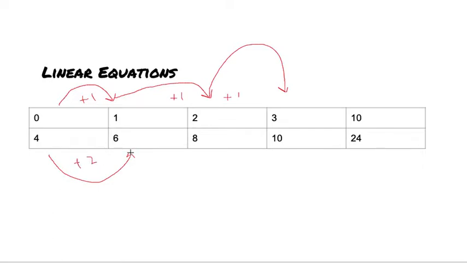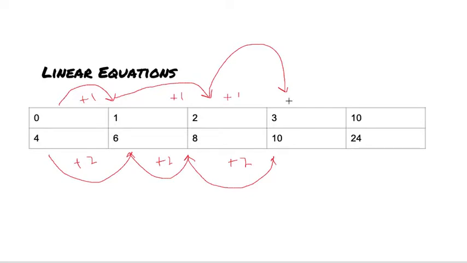I go from 6 to 8, that's another increase of 2. And then I go from 8 to 10, that's another increase of 2. So far I'm definitely seeing a constant rate of change. Each time I go up by 1, my output is being increased by 2.